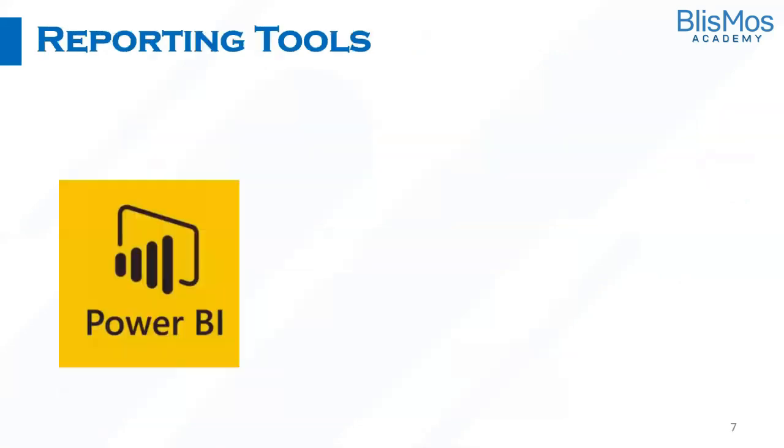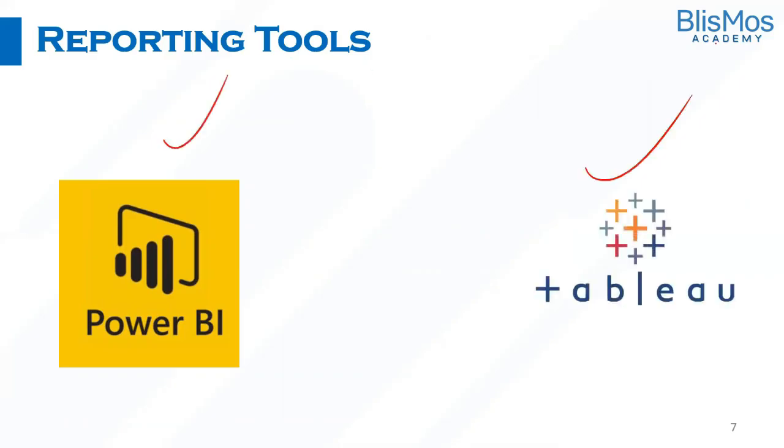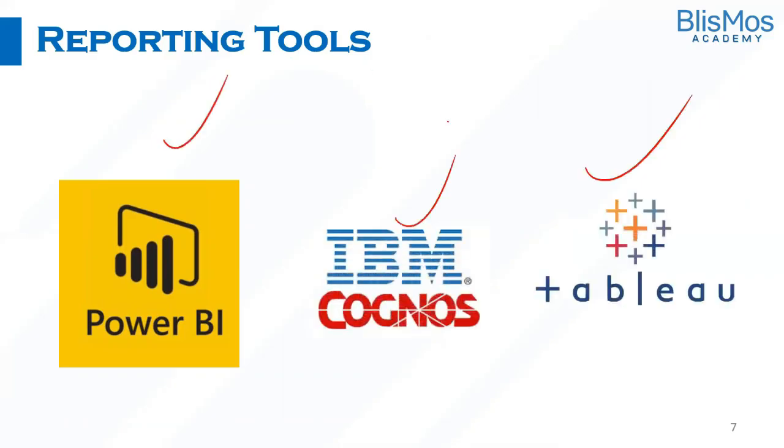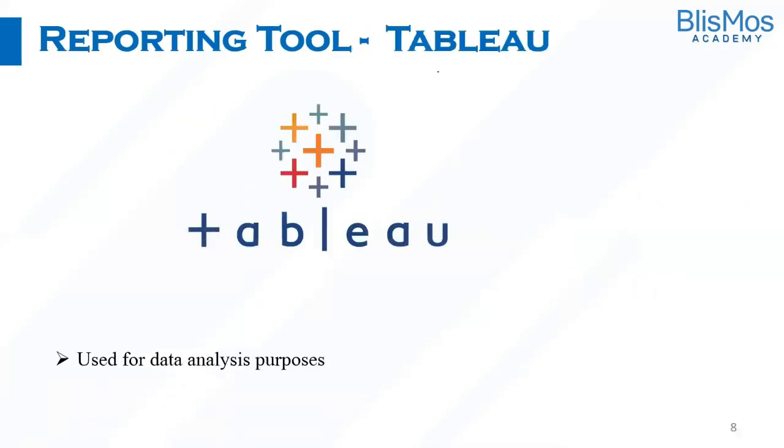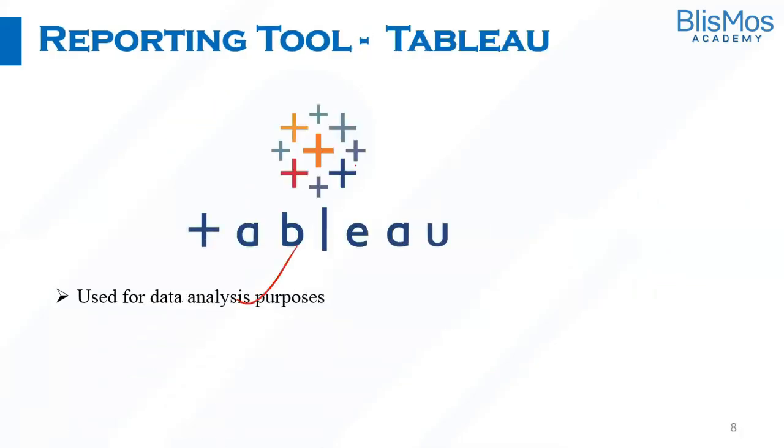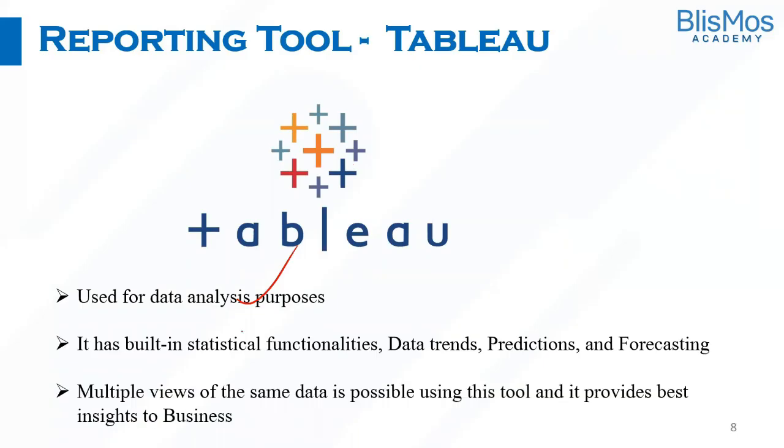We do have some reporting tools in the market, and they are Power BI, Tableau, and IBM Cognos. There are multiple reporting tools which are available in the market. We're just giving you a sample of them. Tableau is used for data analysis purposes, and it has inbuilt statistical functions, data trends, predictions, and forecasting.